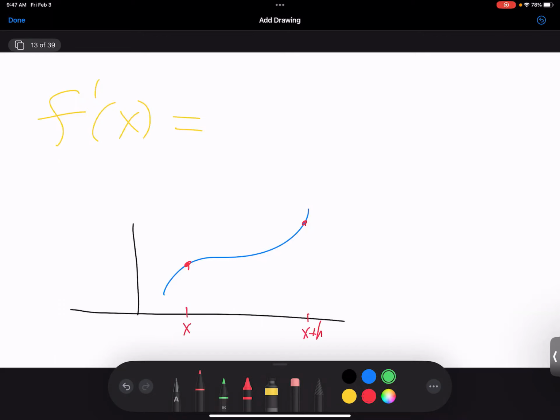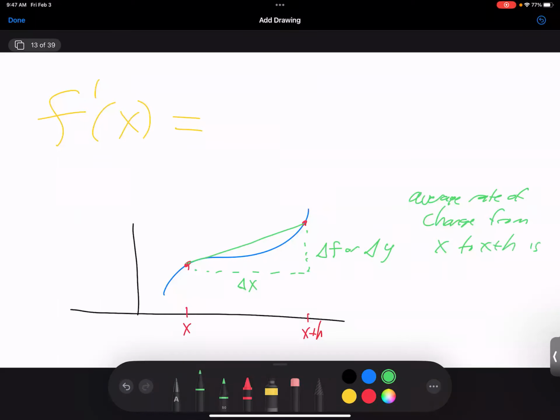I can calculate what's called the change in f, or the change in y over the change in x. So the average rate of change from x to x plus h is going to be f of x plus h minus f of x over x plus h minus x. What's the more common way of writing x plus h minus x? H.